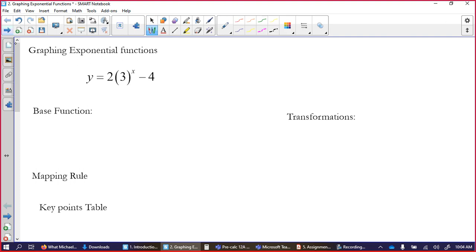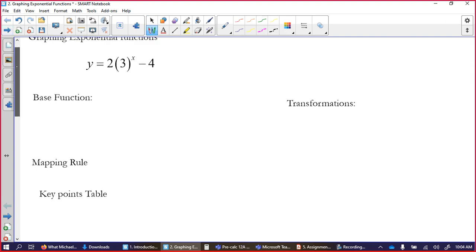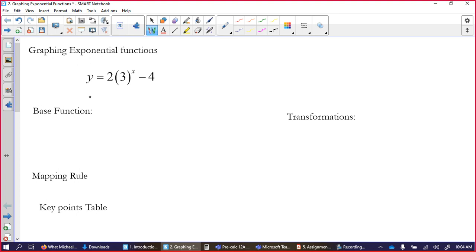So that's 4 minutes after we'll get started. Graphing exponential functions is the same process as graphing a radical function. It's a similar process to what we would use for trig, and you can use this whole idea of what's our base function. Well, in this case, it's that bit there.